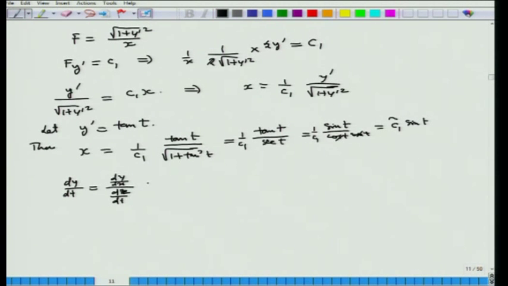This is tan t, and dx by dt, x is this, so that will be c1 tilde cos t, with x equal to c1 tilde sin t.